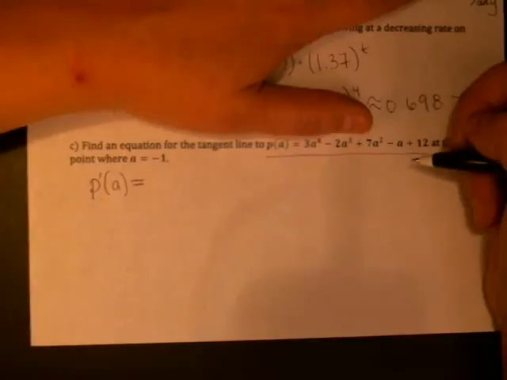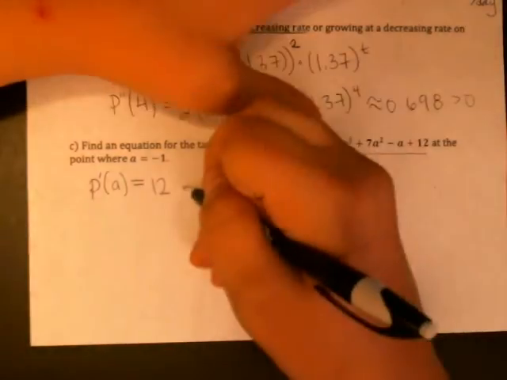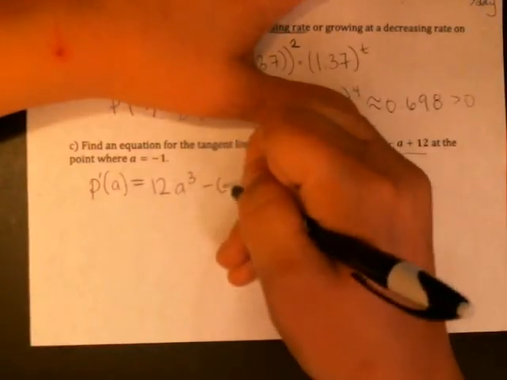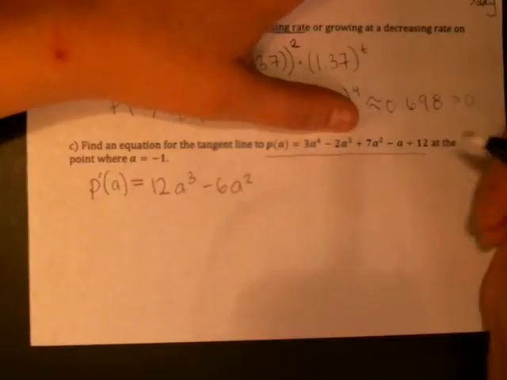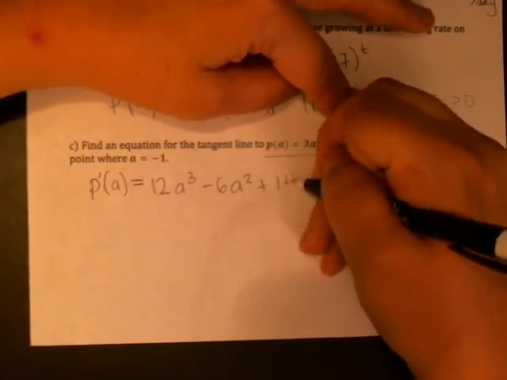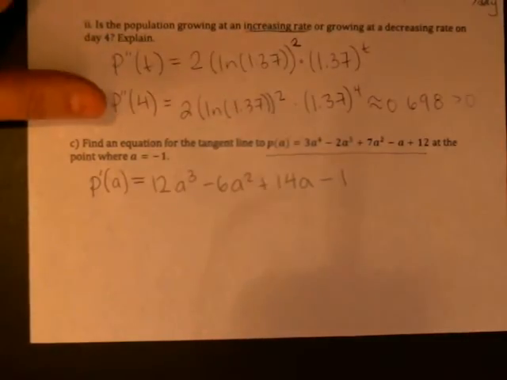So shortcuts on this, say you'll get 4 times 3 is 12 a to the 3rd, there's the power rule, minus 6a squared plus 7 times 2 is 14, a to the 1st minus 1.